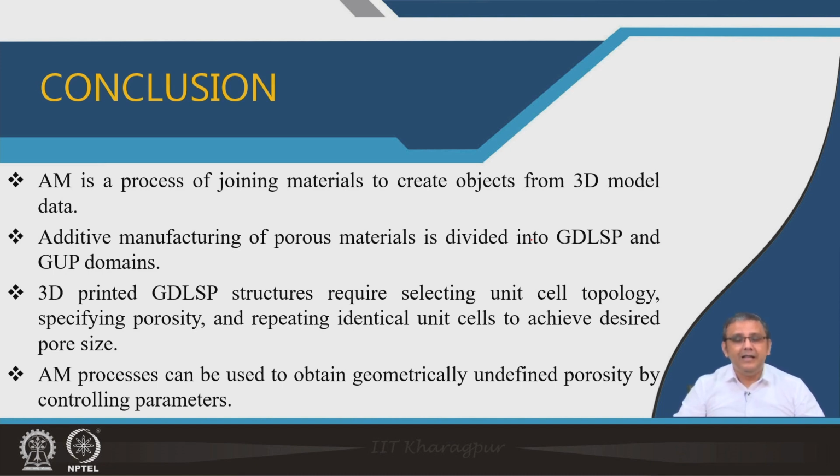We also learned that GD-LSP pores render the material its functionality, while GUP pores can make the material weaker if they are not controlled properly. And we learned that there are various AM techniques that can be employed for fabricating many different kinds of porous materials.